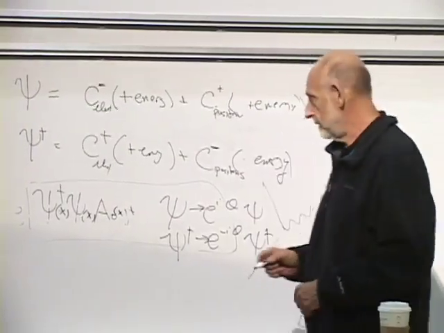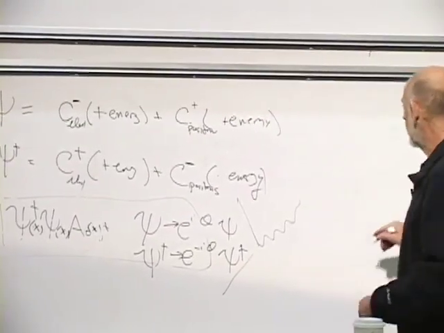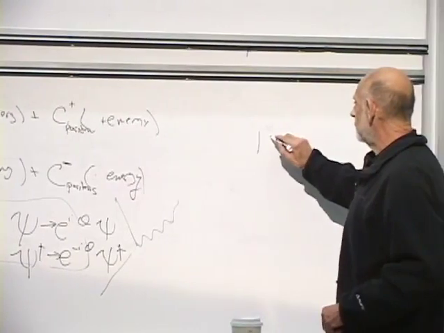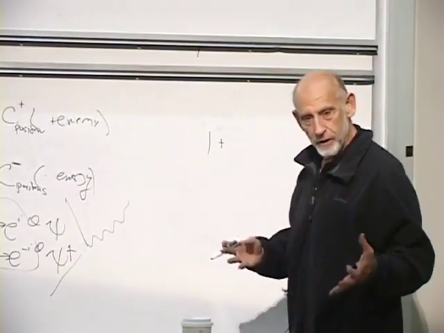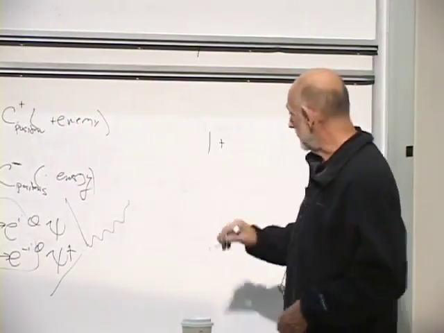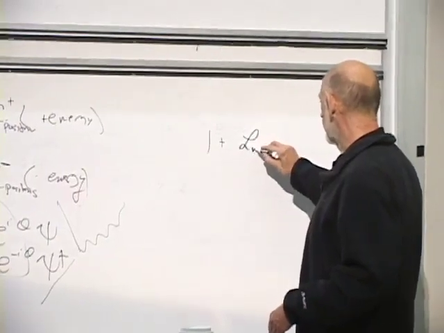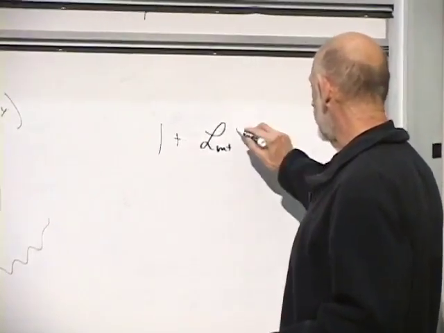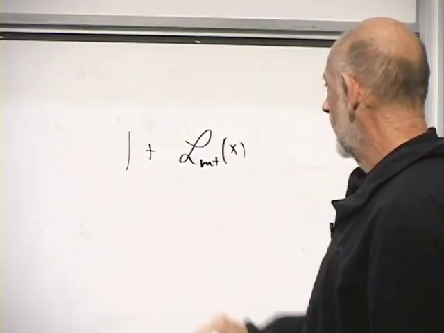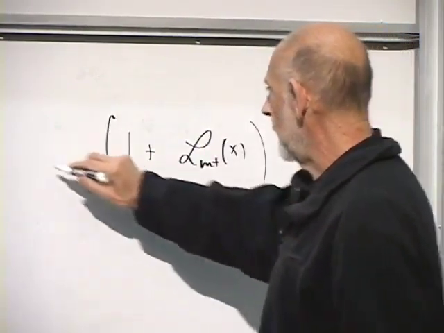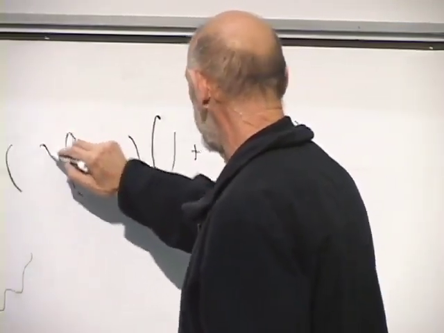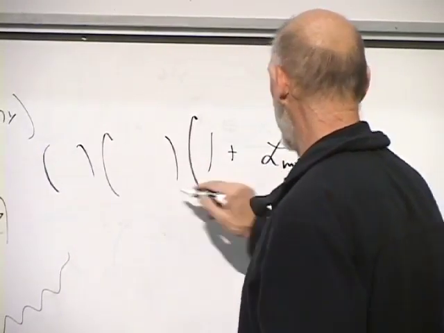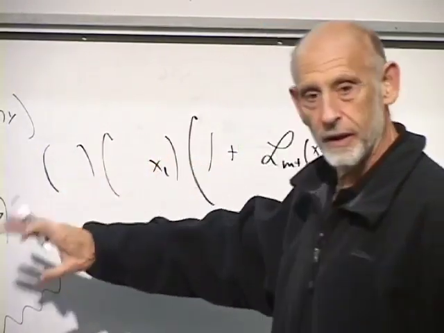you simply take, this is not exact, but roughly speaking, you take 1 plus, let's call it the interaction Lagrangian, L interaction, at point x. And now you multiply them together at all points of space, x1, x2, x3, and x4, and so forth.